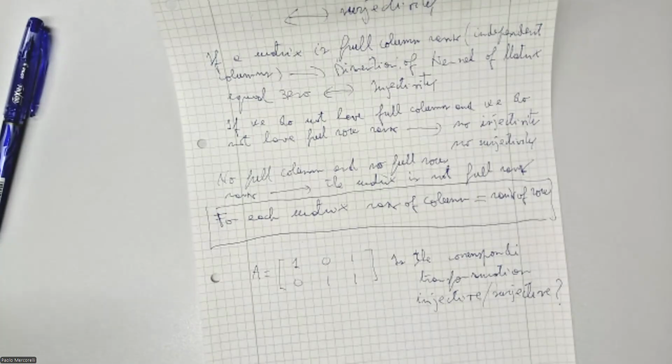In your opinion, without doing the calculations, we don't want to do the calculation of the kernel. In the exam, you have to do it. What is the dimension of the kernel? Or better to say, what is the dimension of the image?